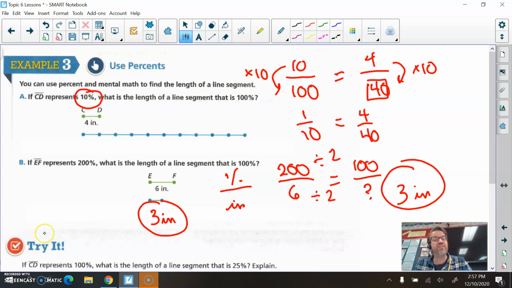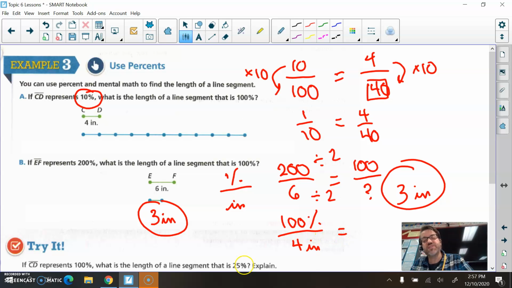All right, one more here and then we'll be done. If segment CD, this one up here, represents 100%, what is the length of a line segment that is 25%? Okay, so CD is 4 inches long. If 4 inches is 100%, I'm going to write it like this: 100% is represented by 4 inches.